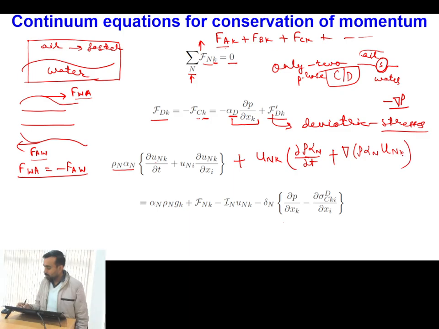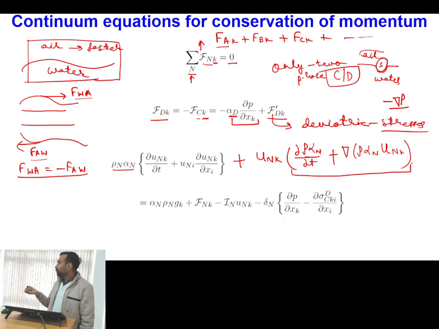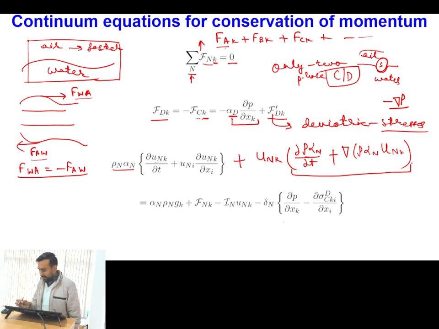Okay, what is this? This is the individual phase continuity equation. For the single phase continuity equation this term is equal to 0, but for this type of individual phase continuity equation, this term will be equal to m dot n.